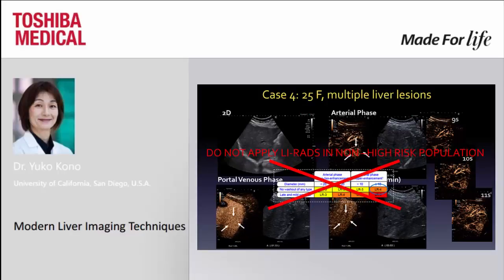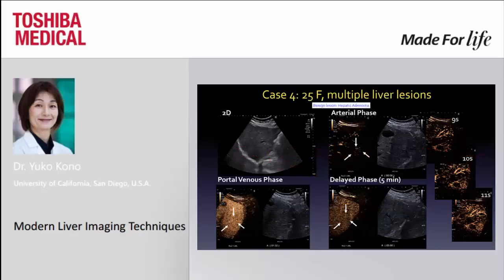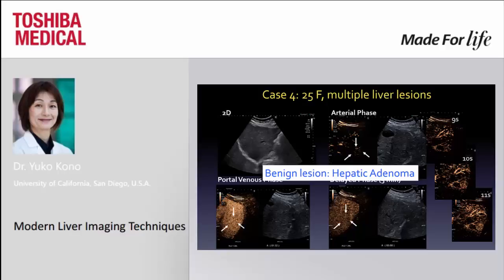She's 25, she doesn't have cirrhosis, she doesn't have hepatitis B, and this is in fact hepatic adenoma. So we need to be careful, the population is actually very important. It basically enhances like HCC. Focal nodular hyperplasia enhances from the center, like Dr. Fisher showed, the beautiful FNH. Spoke-wheel adenoma is more from outside to inside, like HCC.